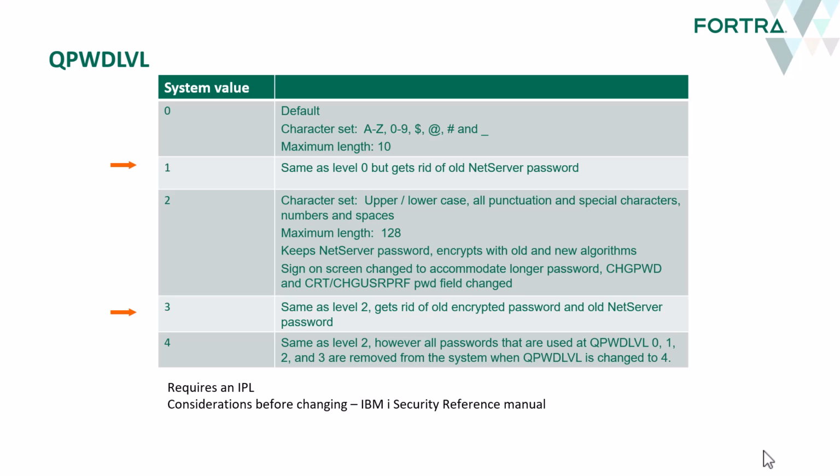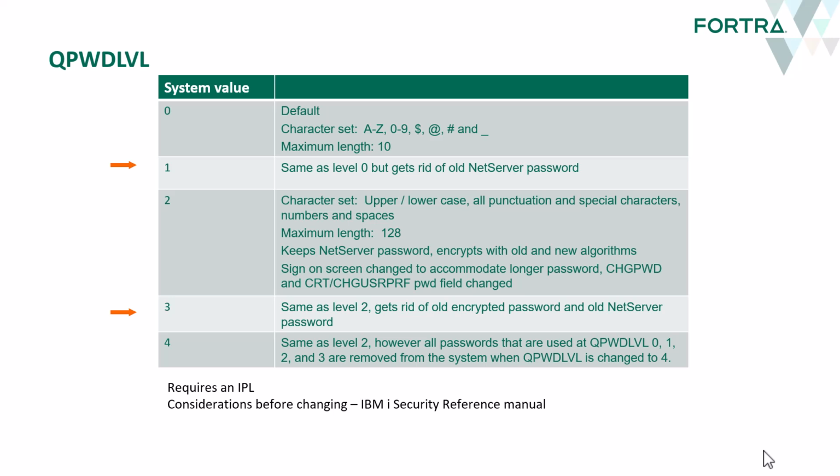And the biggest thing that happens is it gets rid of the 0, 1, 2, and 3 versions of the password when you move to password level 4, so those more weakly encrypted versions of the hash, because IBM i doesn't actually store the password, are removed completely from the system.